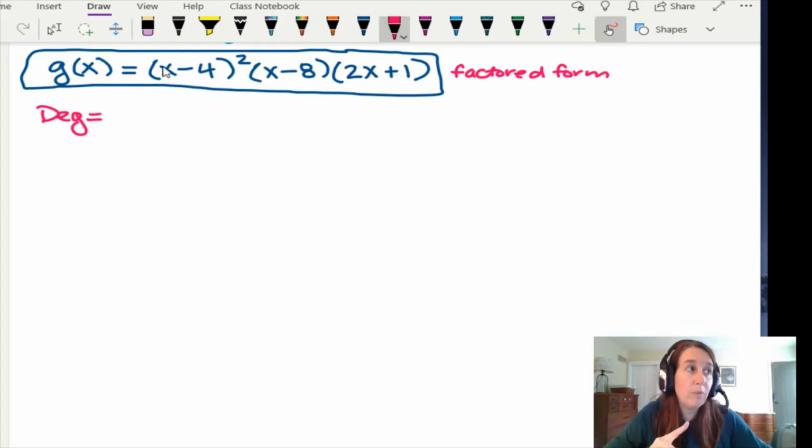Okay, so we would multiply x, and this would be x squared, right? Because it would be x minus 4 times x minus 4, so that would be a quadratic x squared. So that's 2 x's. Here's one more x here for the x minus 8. And then this is 2x, so that's one more x, right?